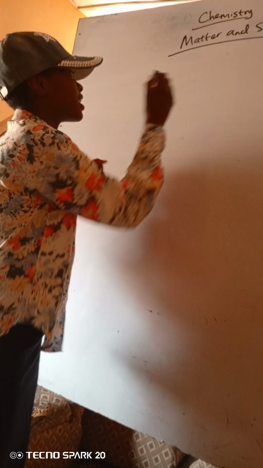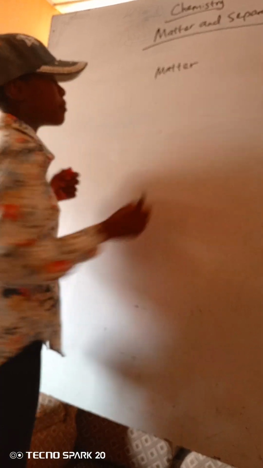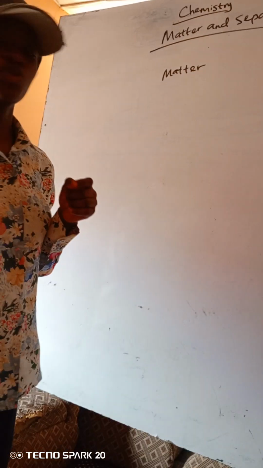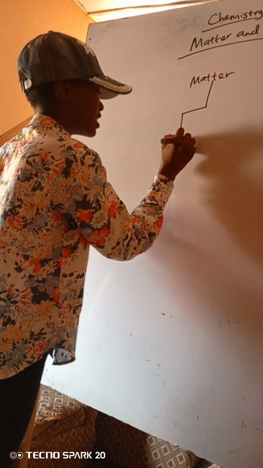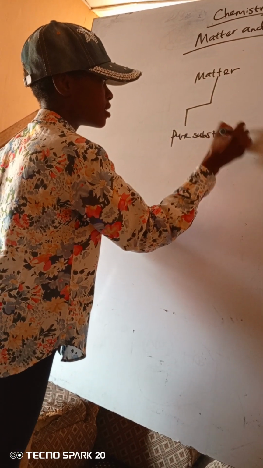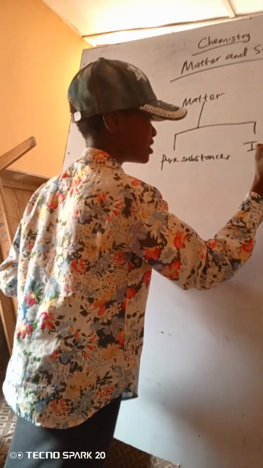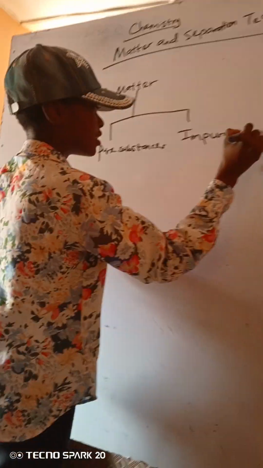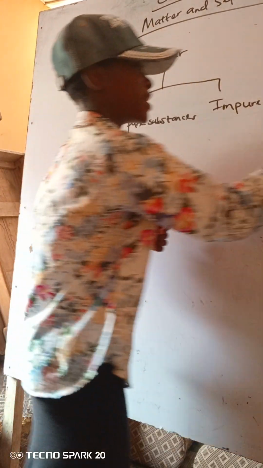So, matter can be classified into two forms, which are pure substances and impure substances, otherwise known as mixtures.